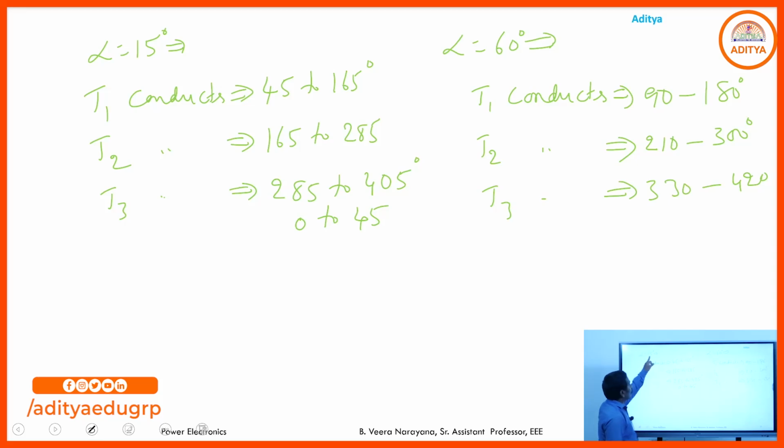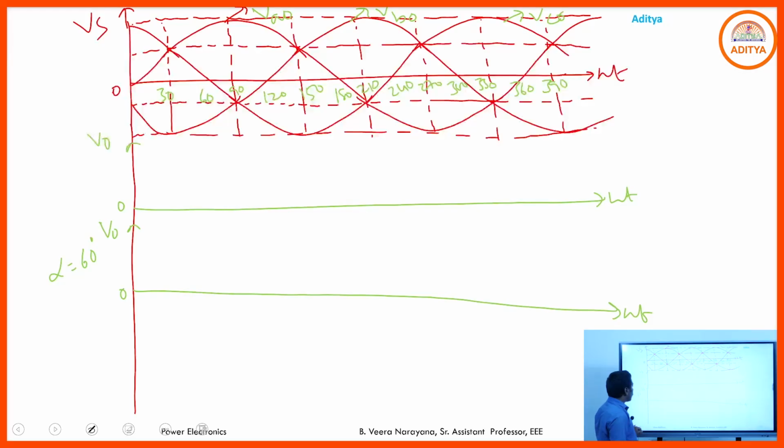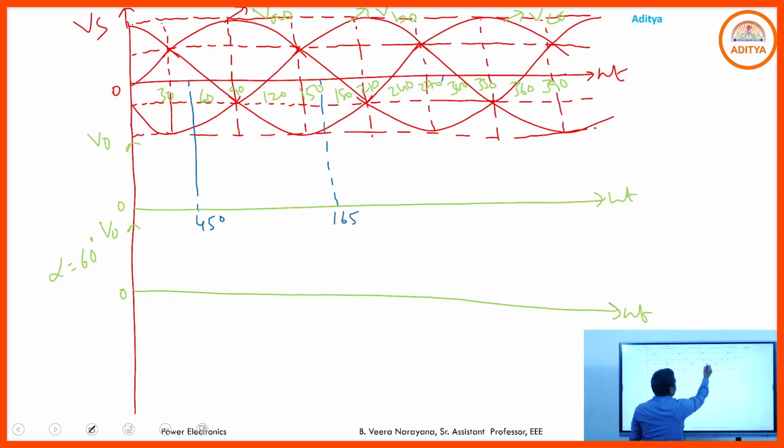So if you choose alpha equal to 15, from 0 to 45, T3 conducts. You mark that: 0 to 45, this one is 45, this is 165, 285, and this one is 405.